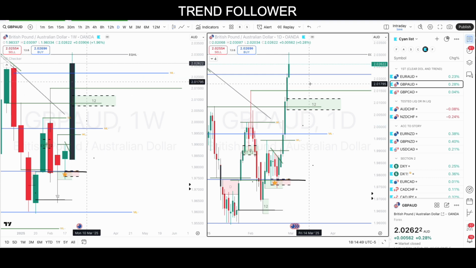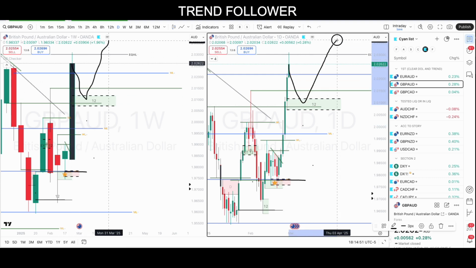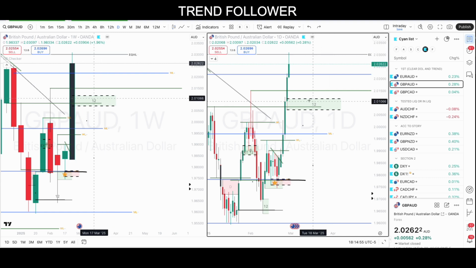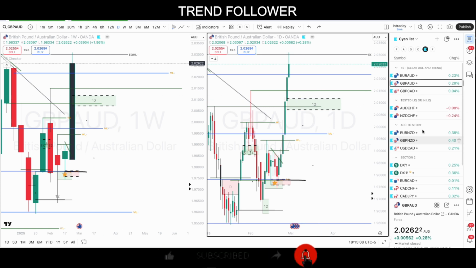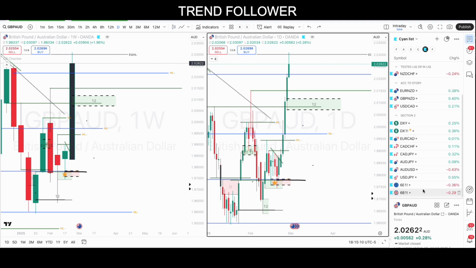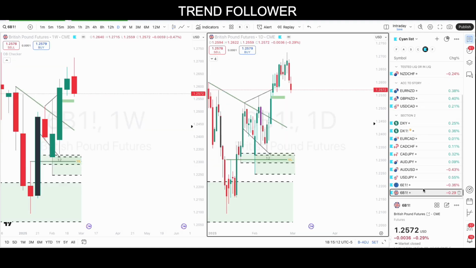So here what you have is this weekly, and I think you can do this, right? Now, one thing I would mention is I like to have a daily demand, but we don't have a clear daily demand, which basically means watch for the price action here or confirm with the GBP futures chart, right? So I think I went through the GBP futures chart, right?